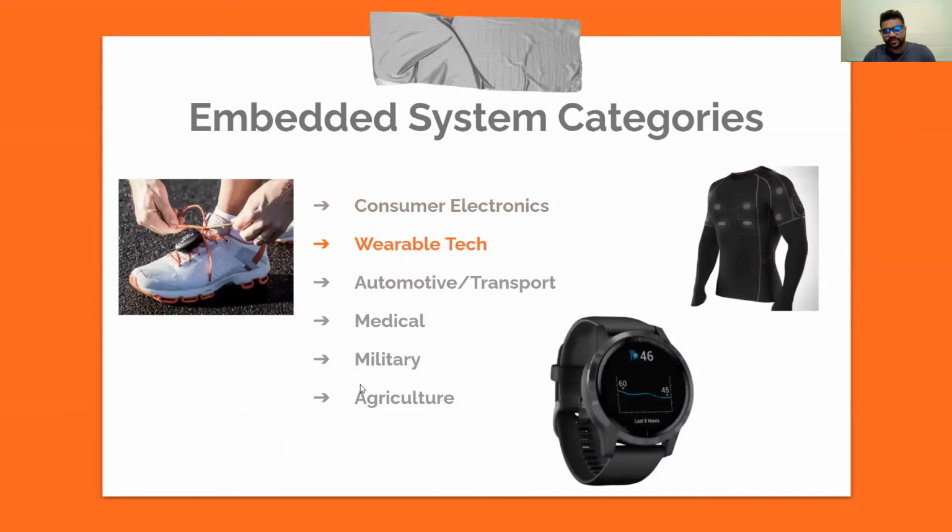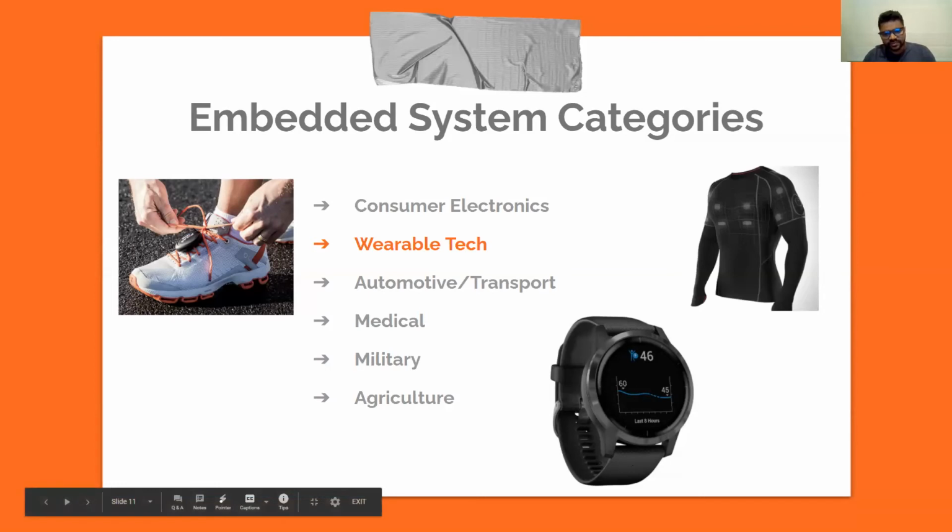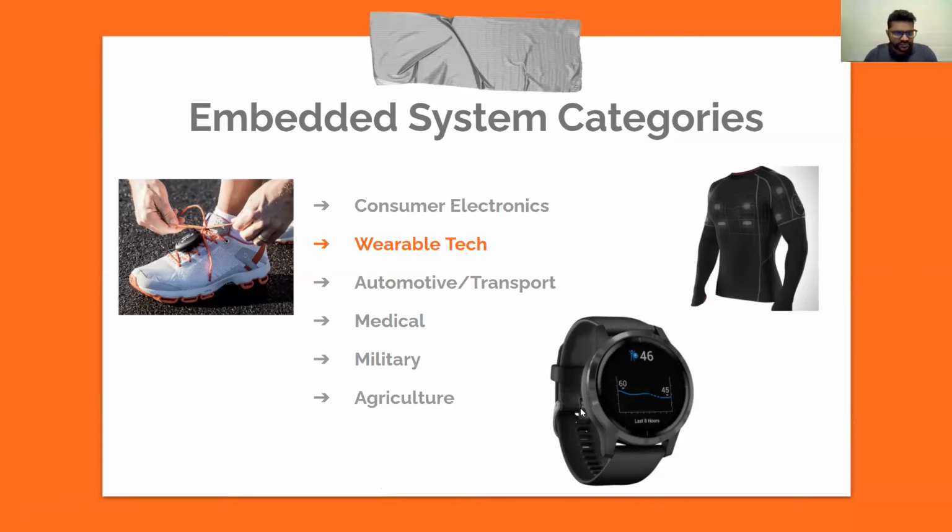And then wearable tech is also something that is still picking up. I think because of the battery technologies, it's still lagging a little bit, but still it's picking up. Especially the wearables, the watches. This is, I think, a Garmin watch, and these types of sensors that can be connected to your shoes are now being sold.